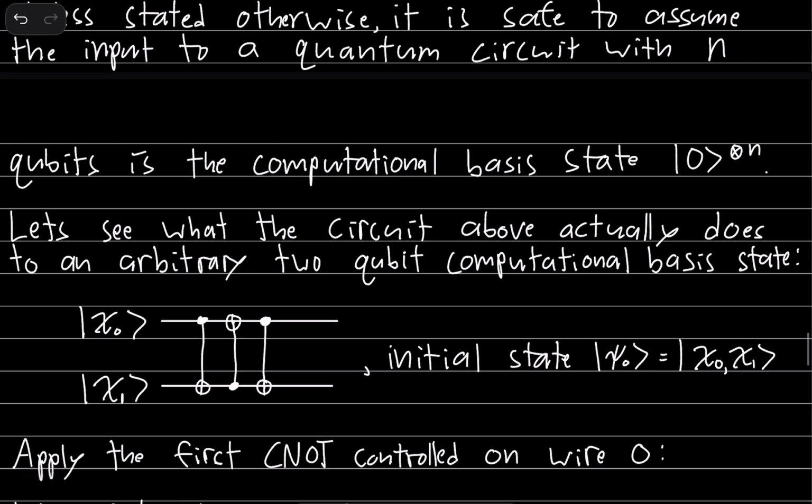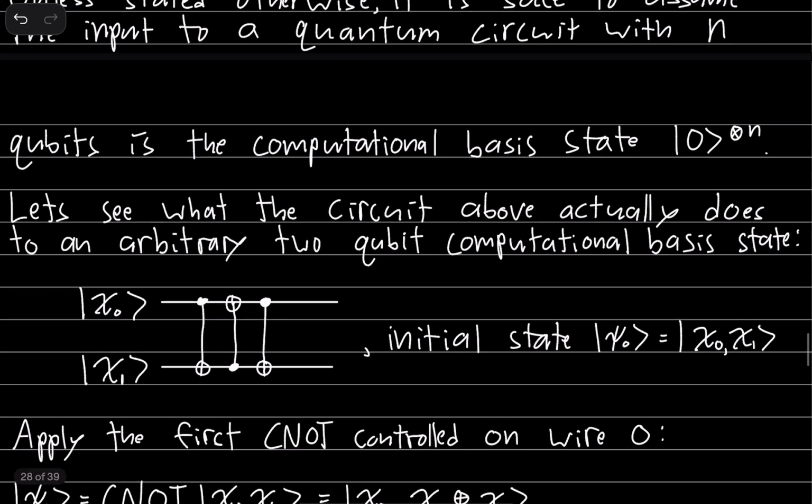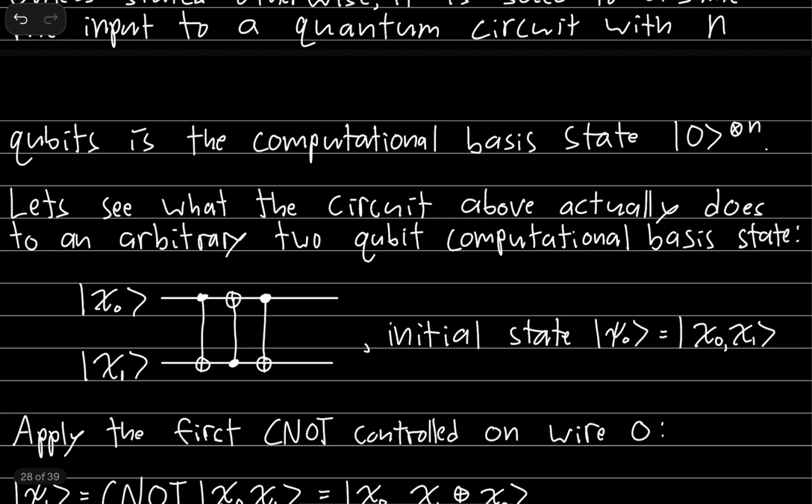And so let's see what this circuit above is actually doing, or what it's actually computing, given some arbitrary 2-qubit computational basis state. So we're assuming that the input is a computational basis state, meaning that x0 is either a 0 or a 1, and x1 is either a 0 or 1. This qubit is either ket 0 or ket 1.